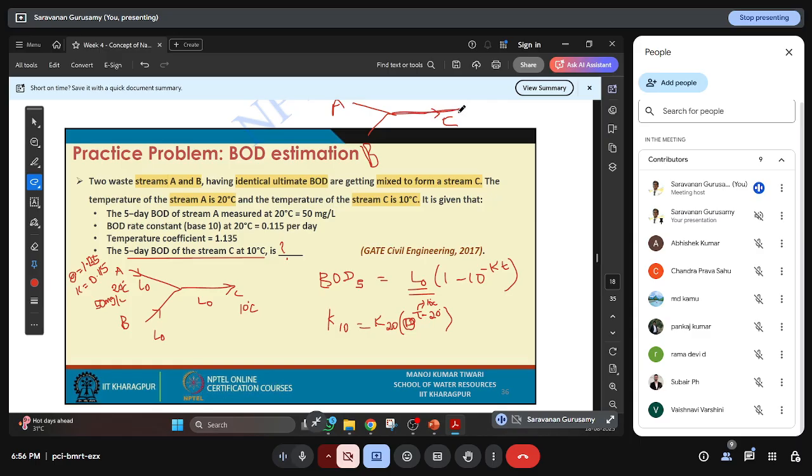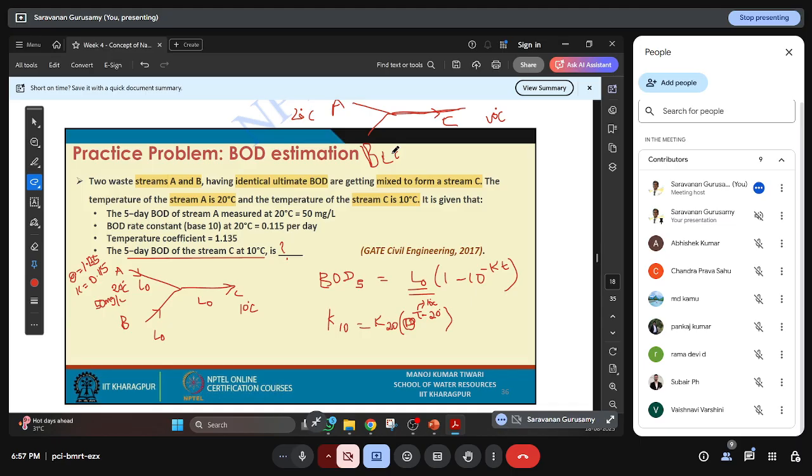Similarly, one small river is coming, again mixing with Ganga, and then Ganga is going. So A, B, C, 3 streams. That's the concept. Then the temperature of river A is 20 degrees Celsius because it's coming from a hotter region. C is 10 degrees Celsius. Then why is it happening? Because there is a reducing temperature at B.